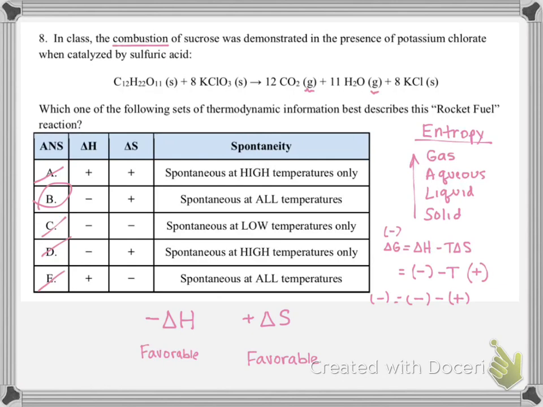Okay, so we use the information about it being a combustion to figure out that it must be giving off heat, negative delta H. And then we look at the phases on our reactants and products to figure out whether delta S is positive or negative. And then we use our delta G equation to figure out how temperature will or won't change the spontaneity of our reaction.